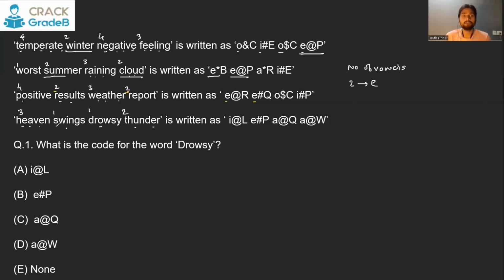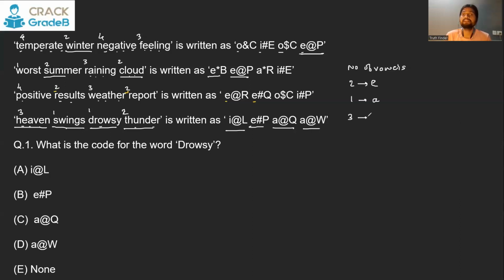Okay, what else can we figure out? Here we can figure out that two words have one vowel each, and there are 2 codes that start with A. That means if a word has 1 vowel, it should start with A. And for 2 vowels, we know E. Now we are left with heaven, which has 3 vowels, and the single code that has I in the beginning.